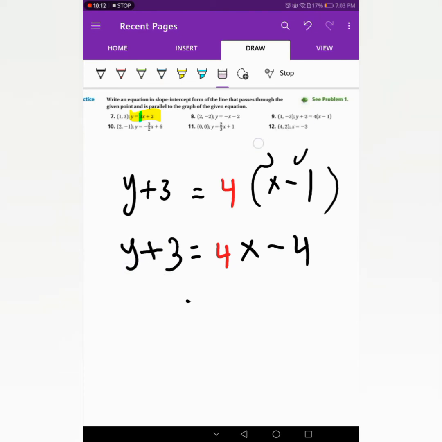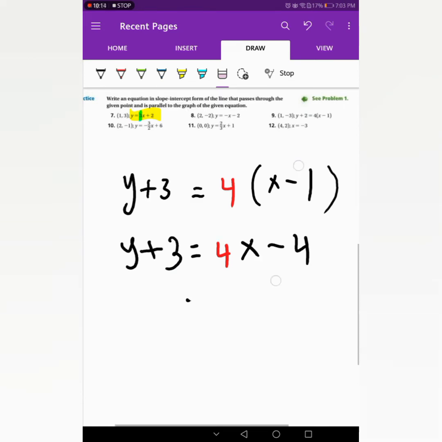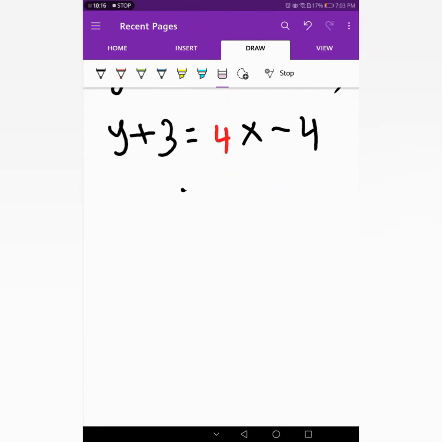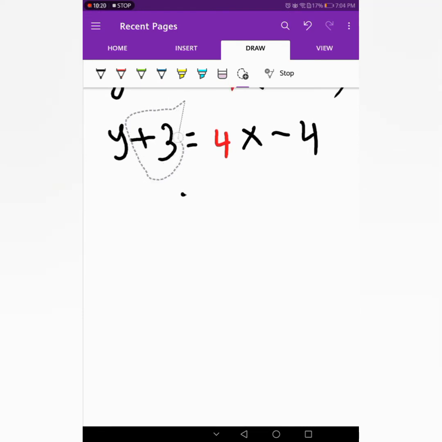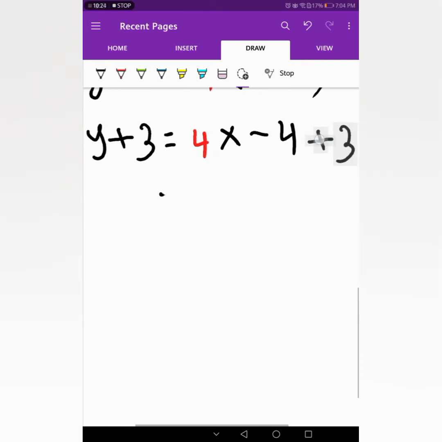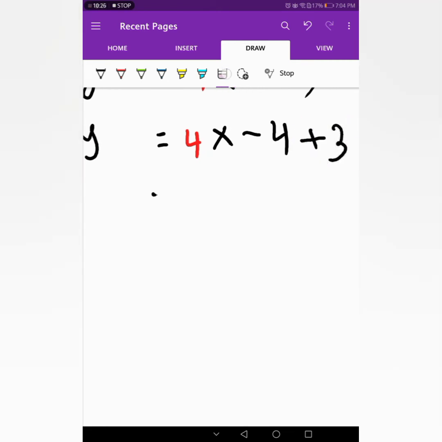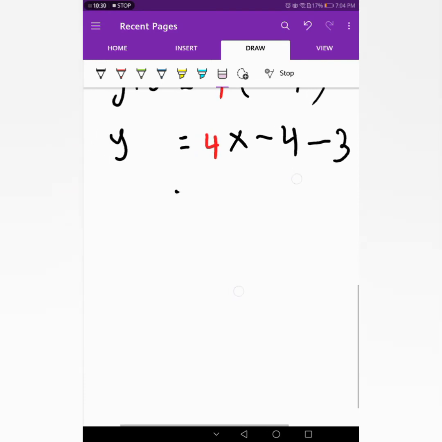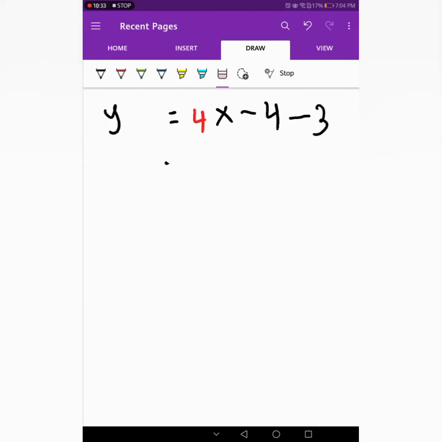Yes, my dear student, are you happy? I hope so. Now I will move this to make the y alone and happy. Yes, put it here, changing what? Yes, the plus to the minus. And be careful, my dear student, be careful.